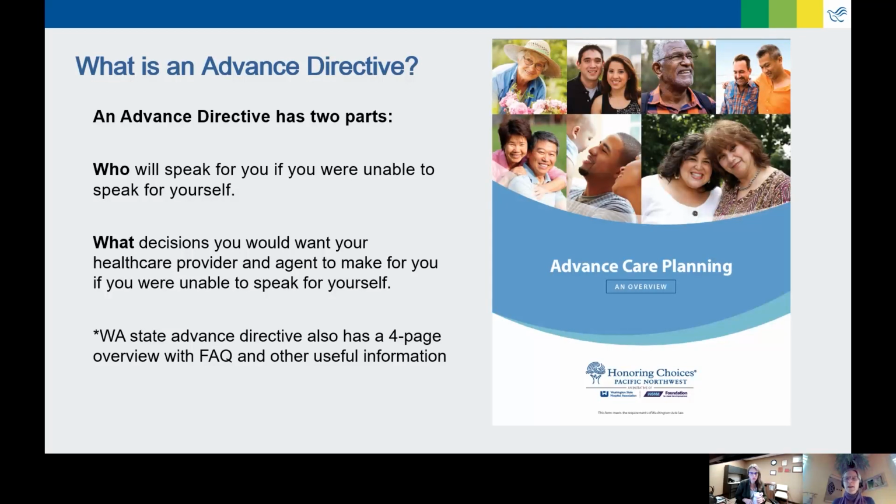That information might be helpful to give to anyone you're sharing your document with. Lots of FAQs and things that we have found that people are curious about. And the document itself is 4 pages. So if you printed out the whole packet, it will have an overview as well as the legal document.